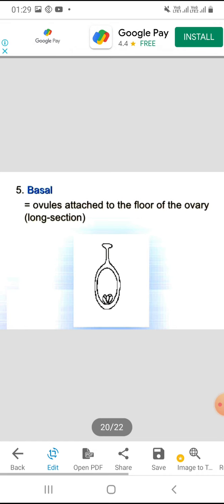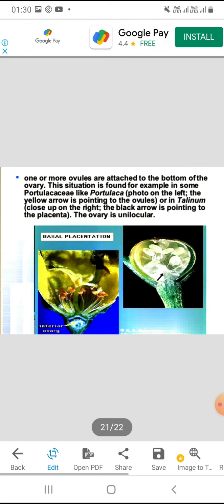Next is basal. A single ovule is present at the base of a unilocular inferior ovary, for example, sunflower, rice, wheat. Ovules are attached to the floor of the ovary in long section. One or more ovules are attached to the bottom of the ovary.